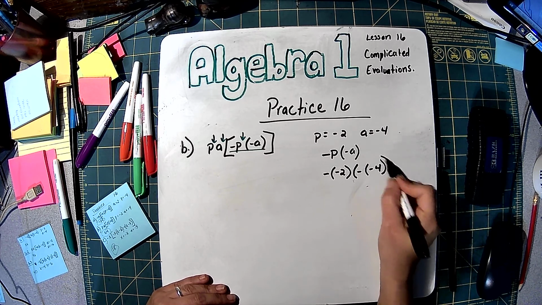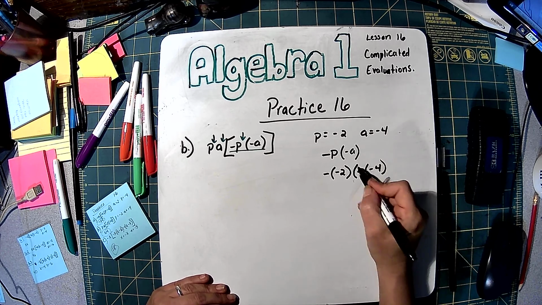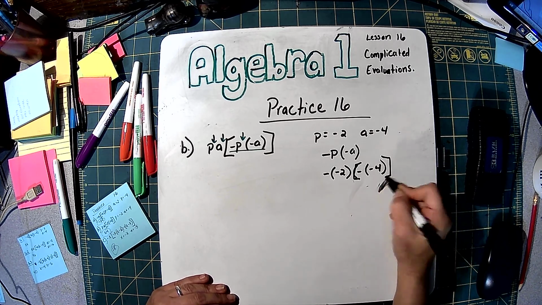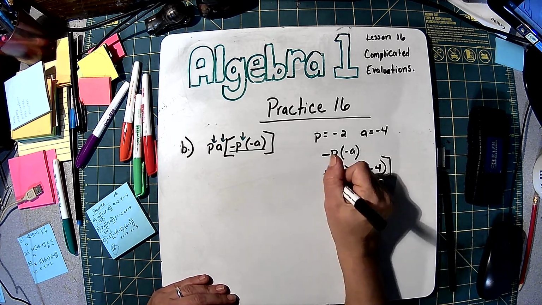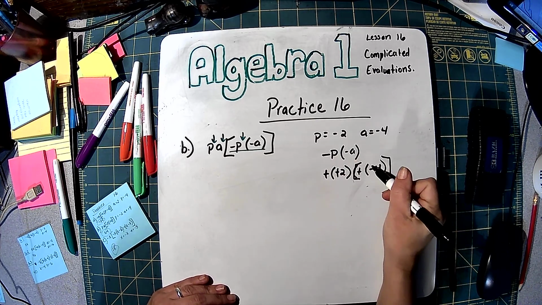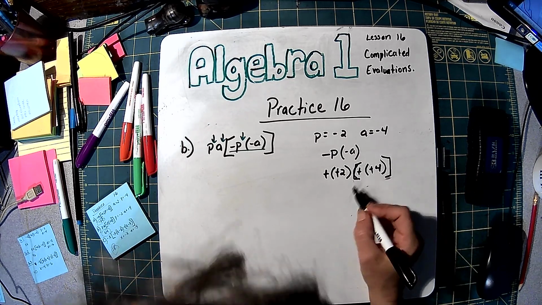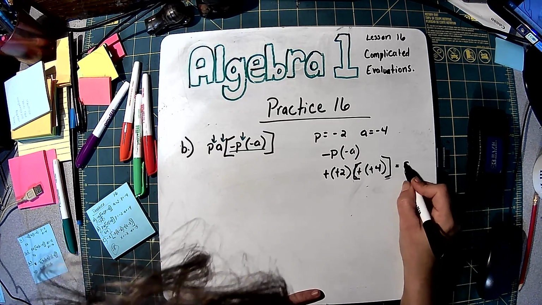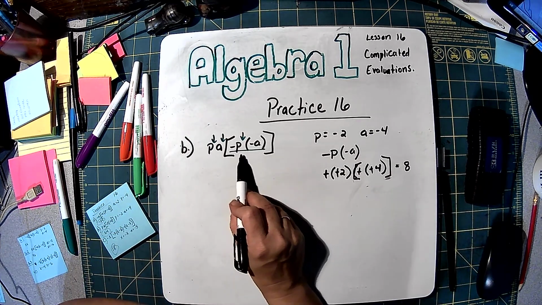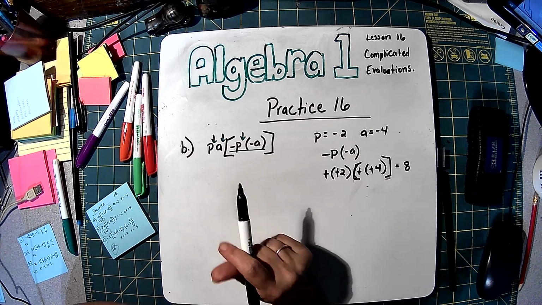That's a lot of notation, that means that needs to be a bracket. There we go. Okay, so now we can get rid of this complicated notation. All those negatives cancel each other. So now we just have 2 times 4 is 8. So inside of this innermost part right here is going to be 8.